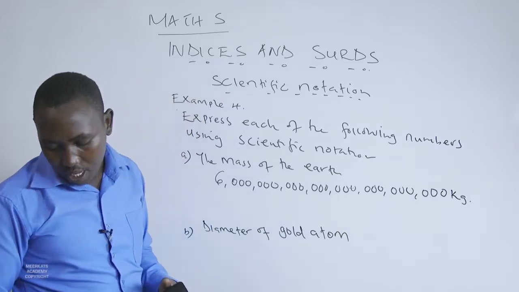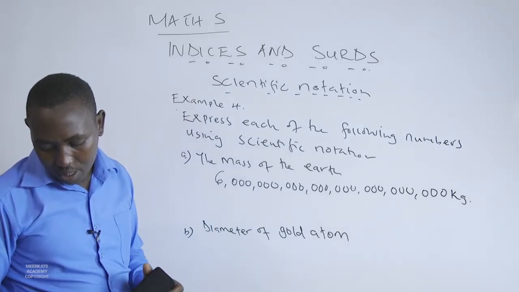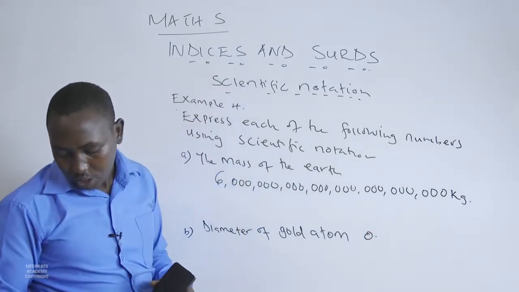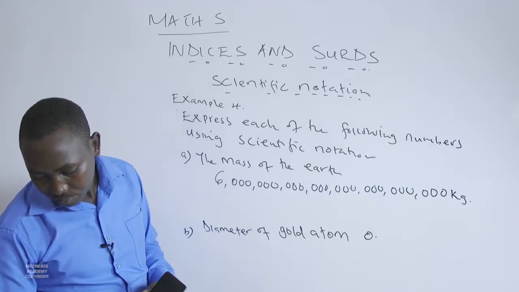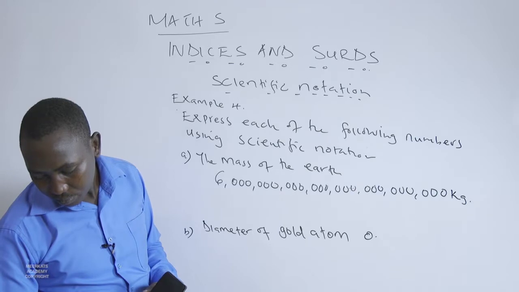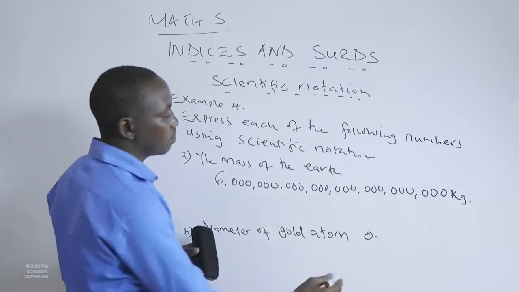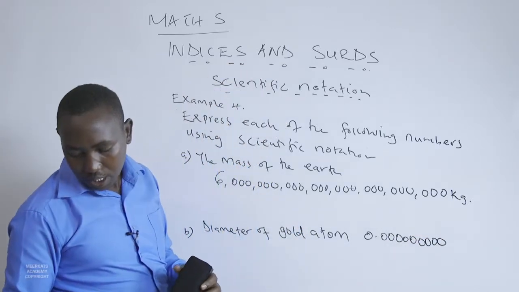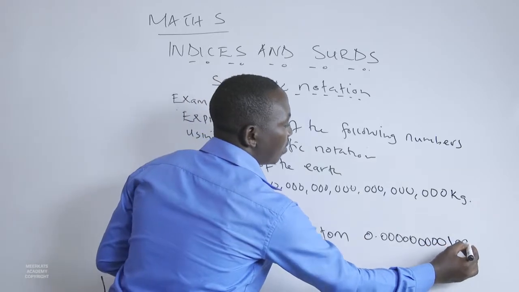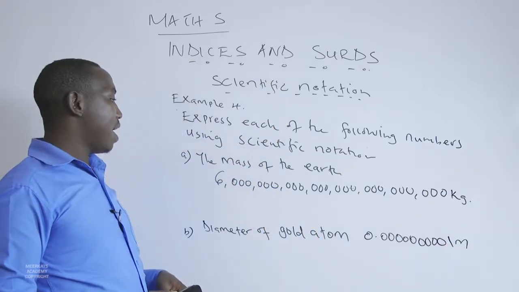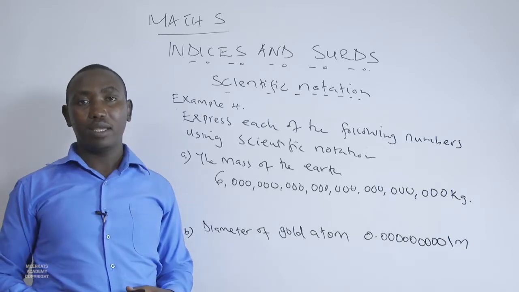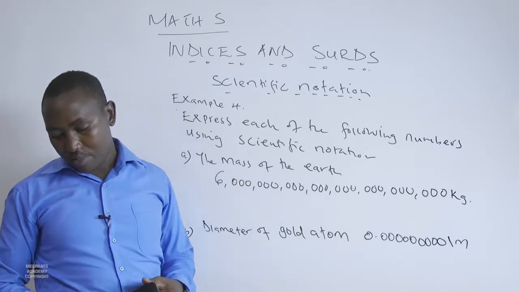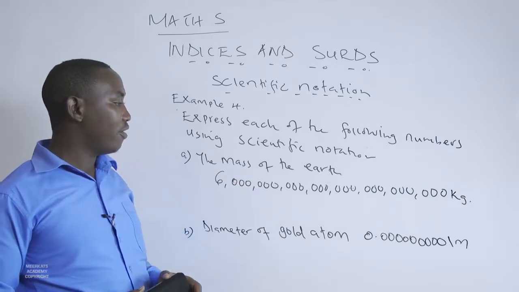And this gold atom, we are told, is 0.0000000001 meter. So there are these two cases involving a very large and a very small number. So we need to rewrite them in a scientific form.